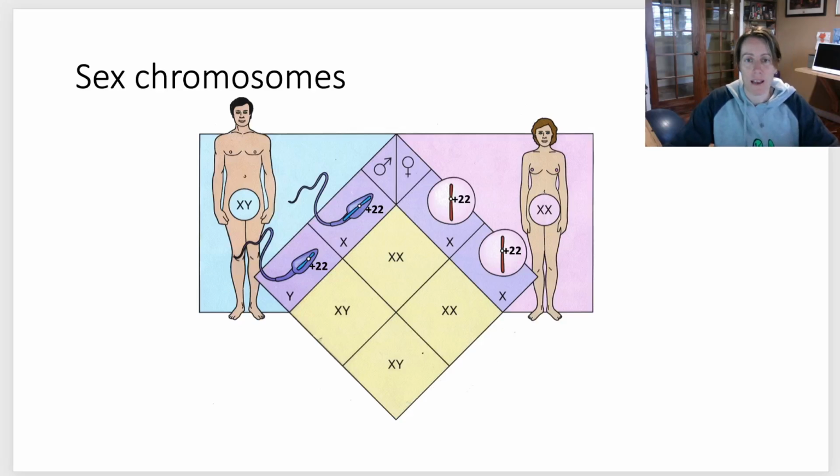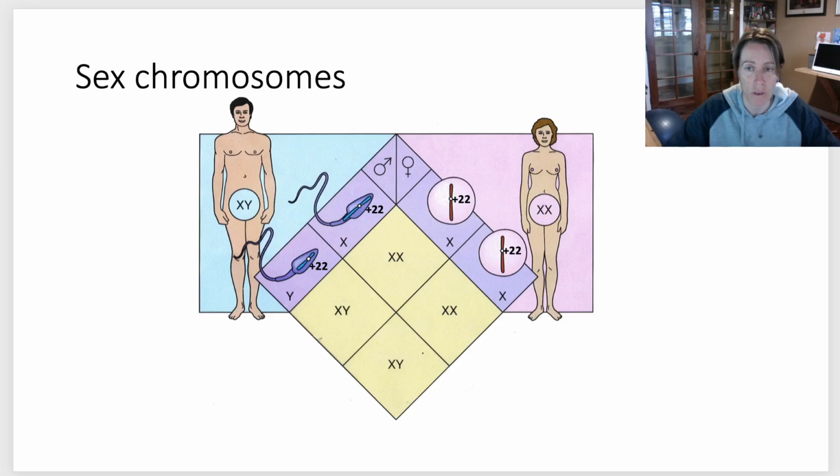Okay, this next short video is going to talk about different aspects of sex chromosomes and sex-linked disorders or diseases. First of all, I'm sure most of you are aware that humans have a chromosomal way of determining sex. We've looked at the number of chromosomes that human cells have.